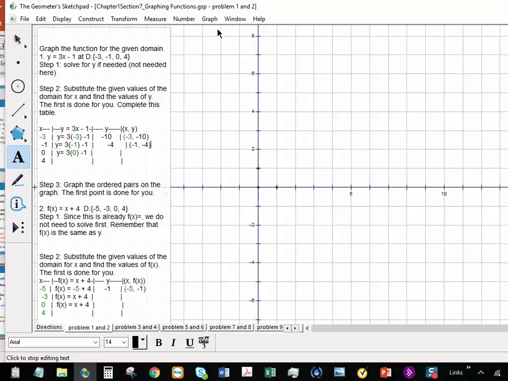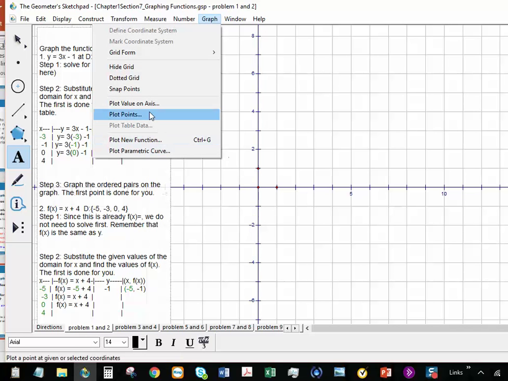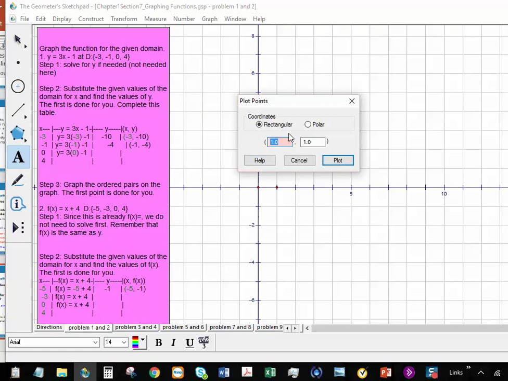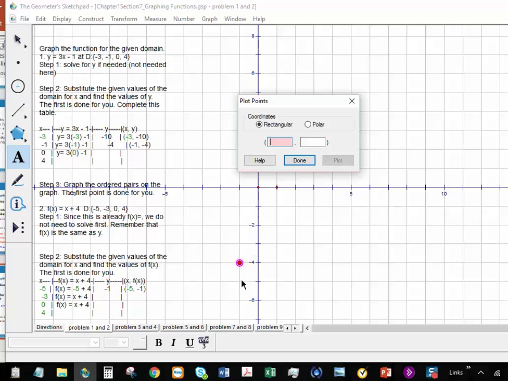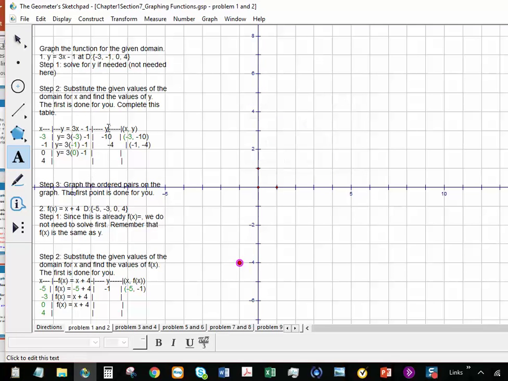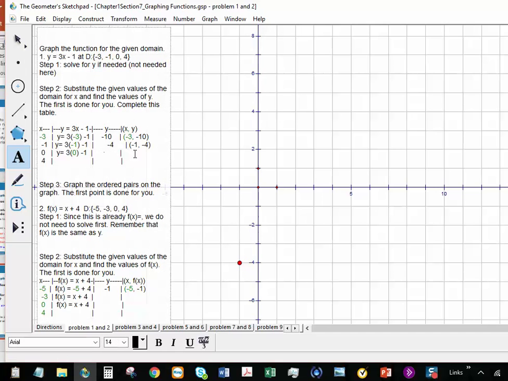So now the next point that I need to graph is -1 and -4. And there's that point. You can find all of the coordinates first and then plot all of them in a row if you find that easier.